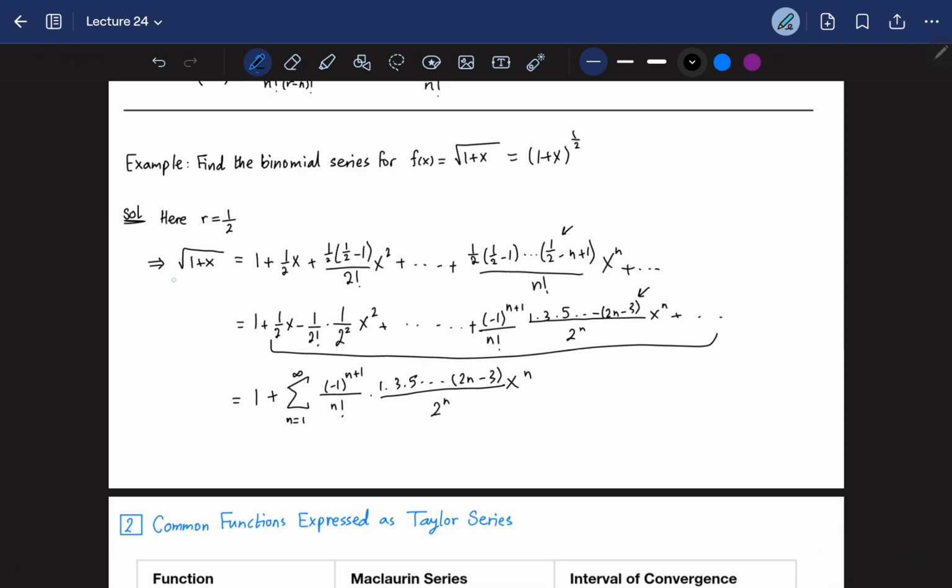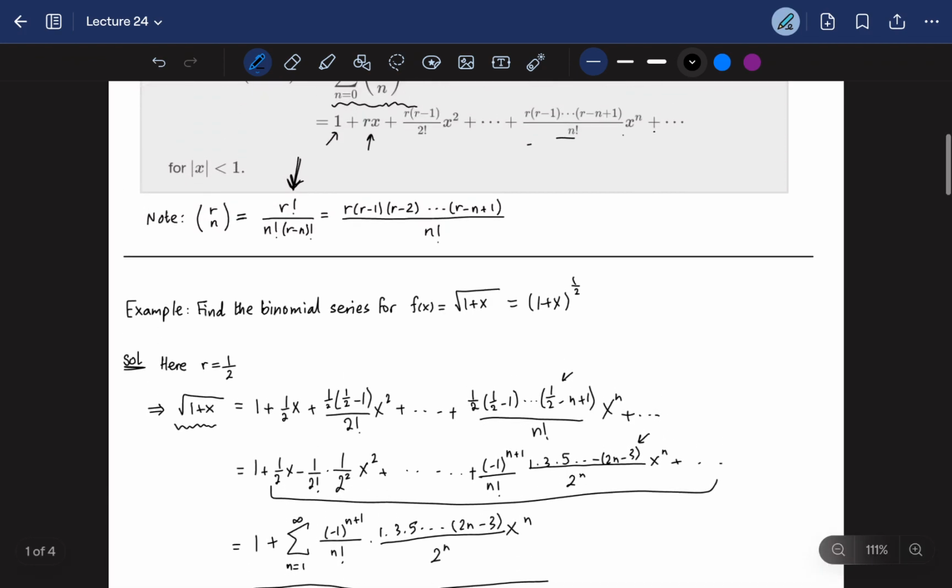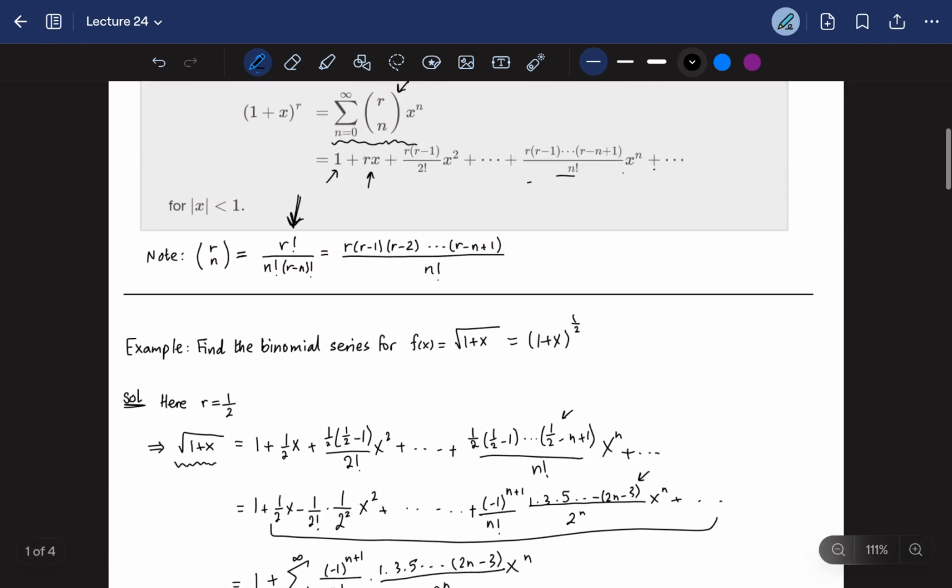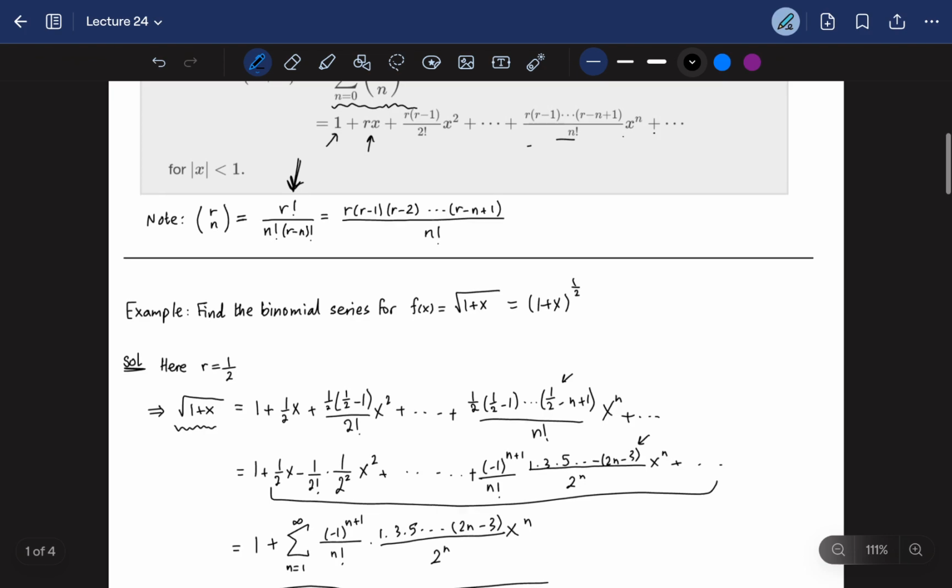So we were able to go from a function that looks like this into a series, which is the binomial series, and it's also the Maclaurin series. Don't worry too much about it, just know the general form, and be comfortable with substituting and finding the general formula for the binomial series.